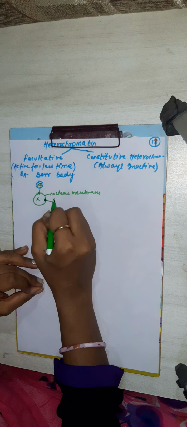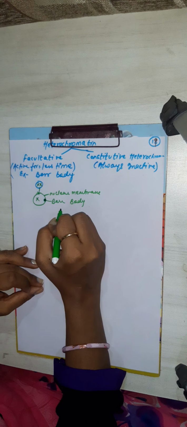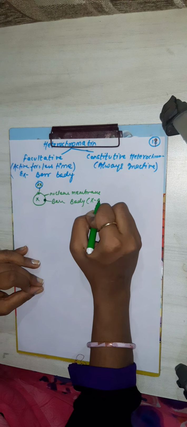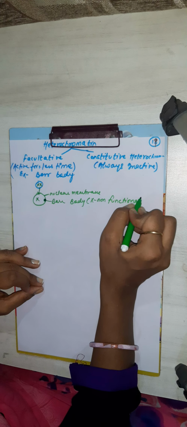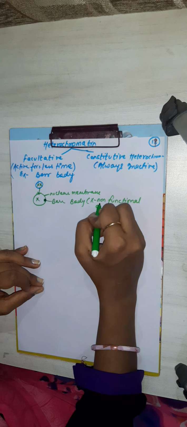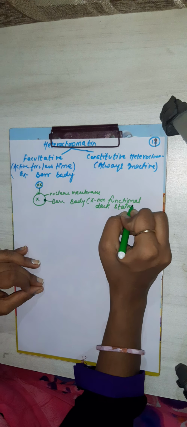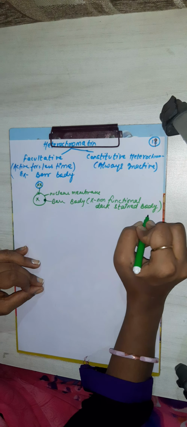So this is the Barr body, the non-functional X, a dark stain body.